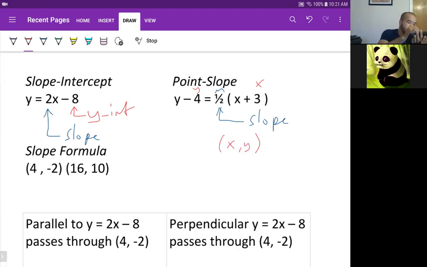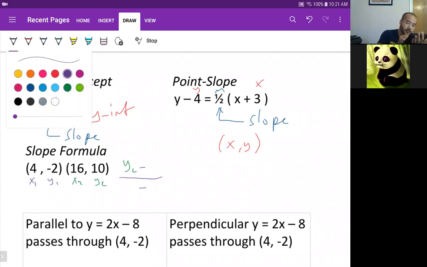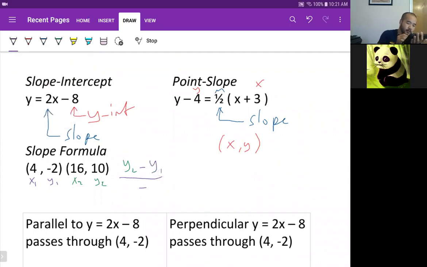Pretty straightforward. Slope formula, if you don't remember it, just a quick example to refresh you. X1, Y1, and then X2, Y2. So the formula is Y2 minus Y1, and then X2 minus X1.